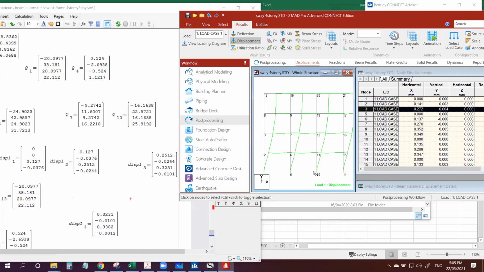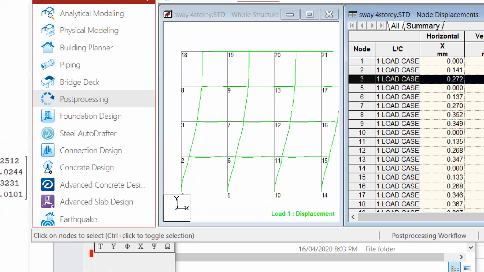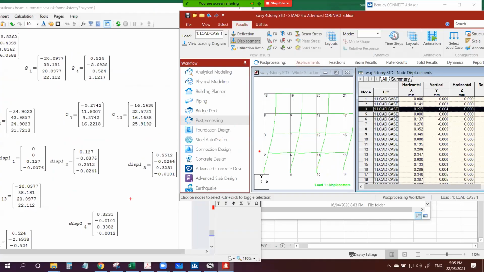Okay. 2, 3, 8, 18. Let's look at 2, 3, 8, and 18. It's too short. There. 2, 3, 8, and then 18 is here.